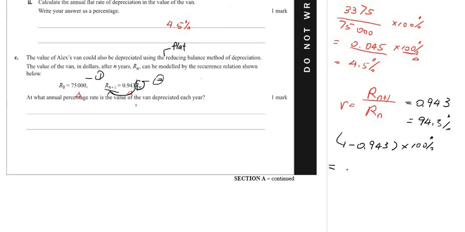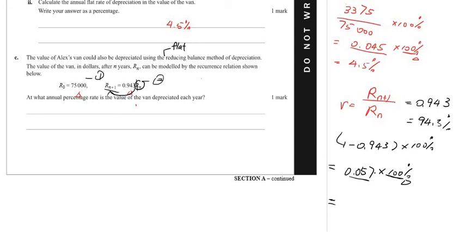And 1 minus 0.943 will be 0.057. So still I'm going to treat my percentage sign as a unit over here, and I'm just going to times the numerical part.